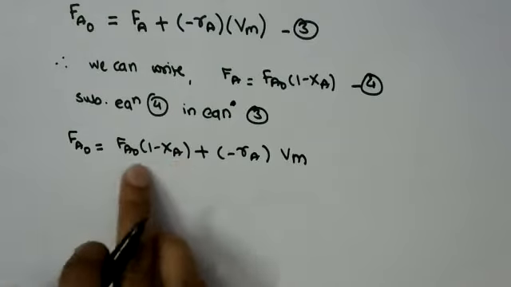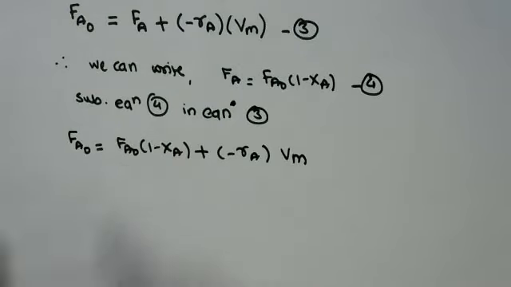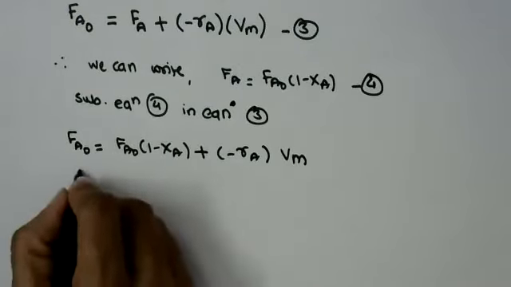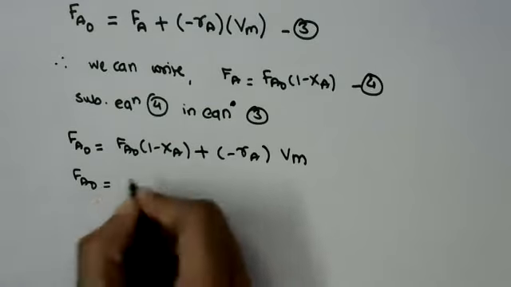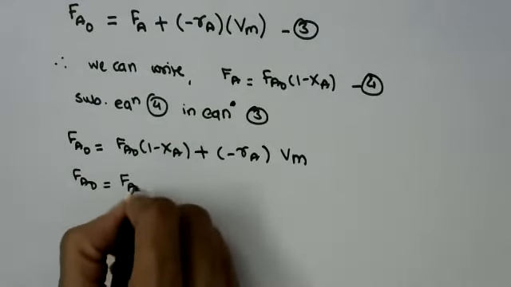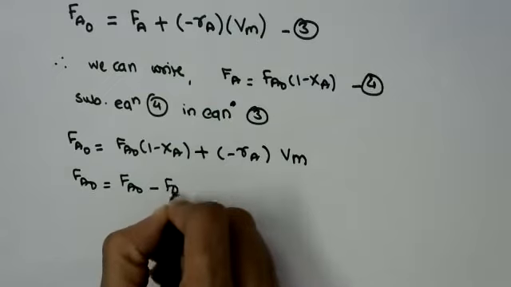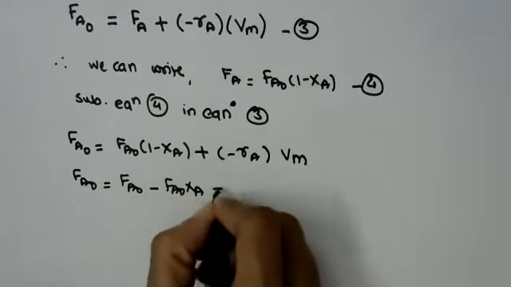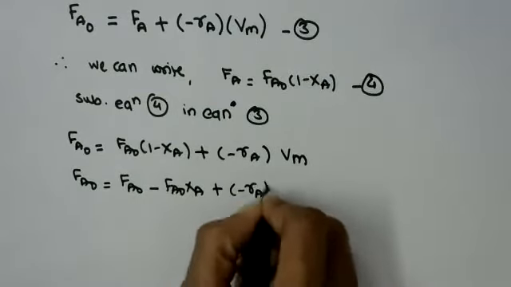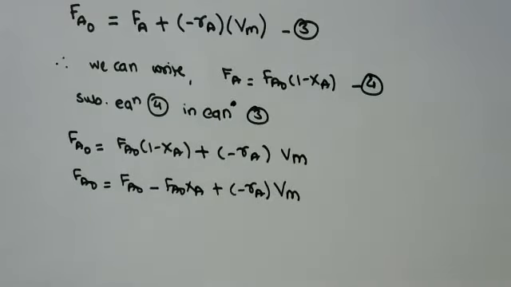Now we can just open this bracket and simplify the equation. Therefore, FA0 is equal to FA0 minus FA0 XA plus minus RA into VM.